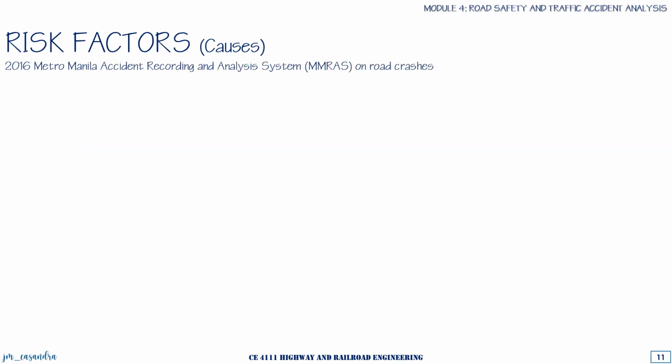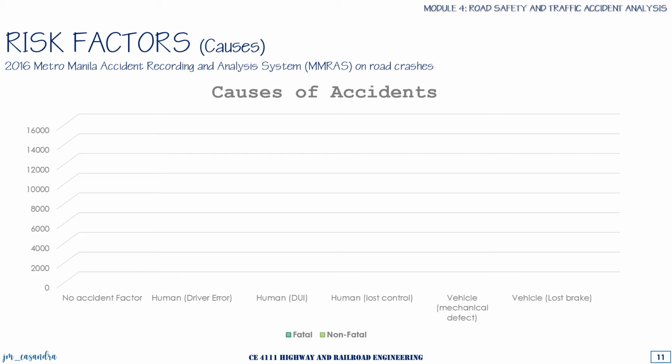According to the 2016 report of the Metro Manila Accident Recording and Analysis System, or MMARS, on road crashes, the fatal versus non-fatal numbers of accidents by risk factor are the following. For no accident factor, we have fatal accidents at 411 and non-fatal at 15,514.